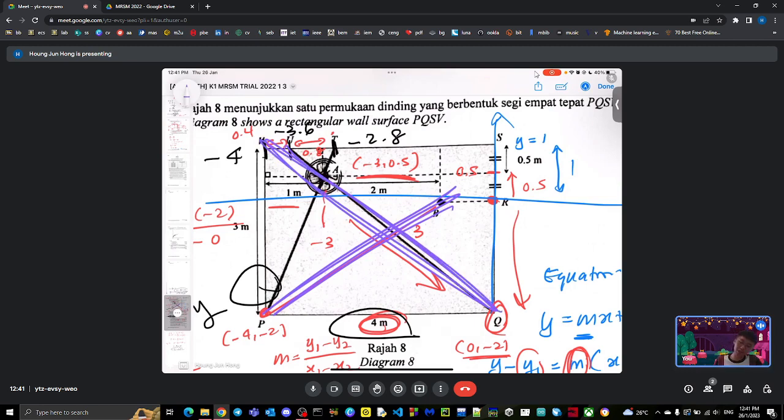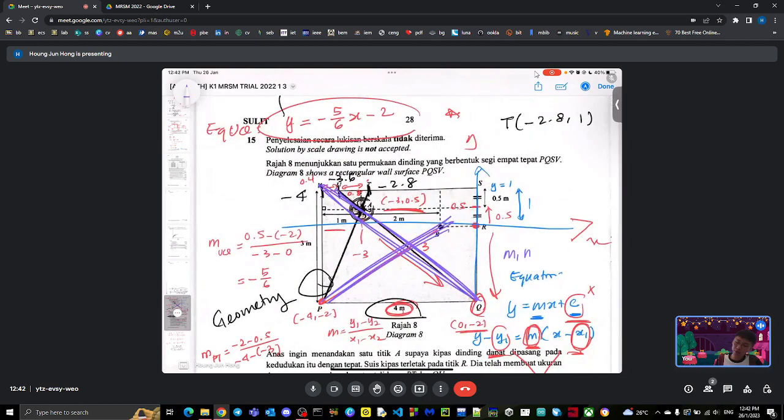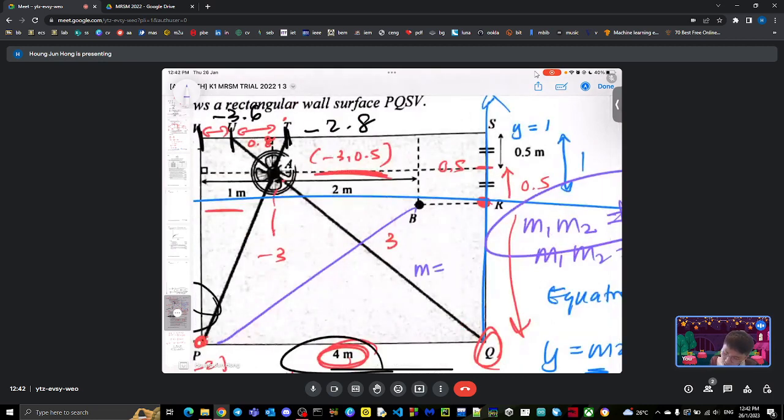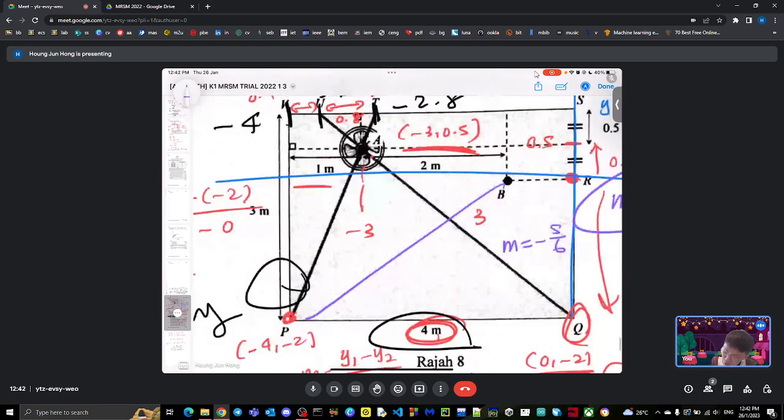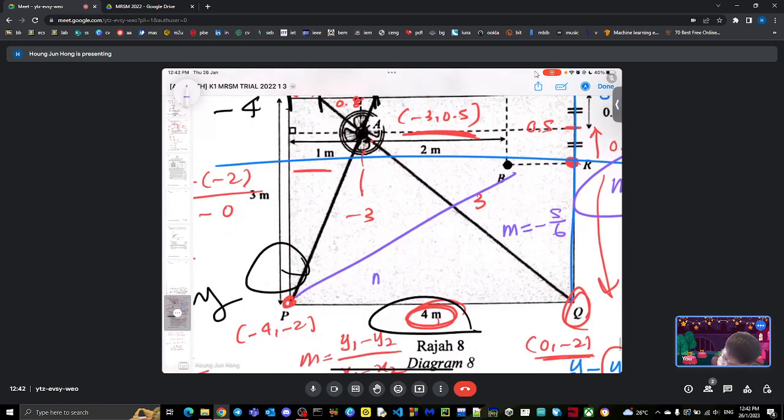What is the formula for perpendicular? Yes, m1 m2 equals negative 1. So how do you prove that they are not perpendicular? Yes, m1 m2 is not equal to negative 1. Then it would be not perpendicular. So you already found that the m for this one is negative 5/6, and now you find the m for this, which is simple because the gradient is essentially just from these two points.